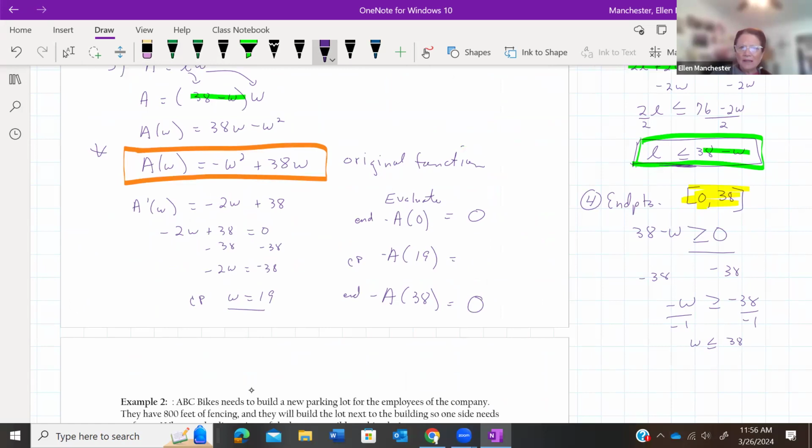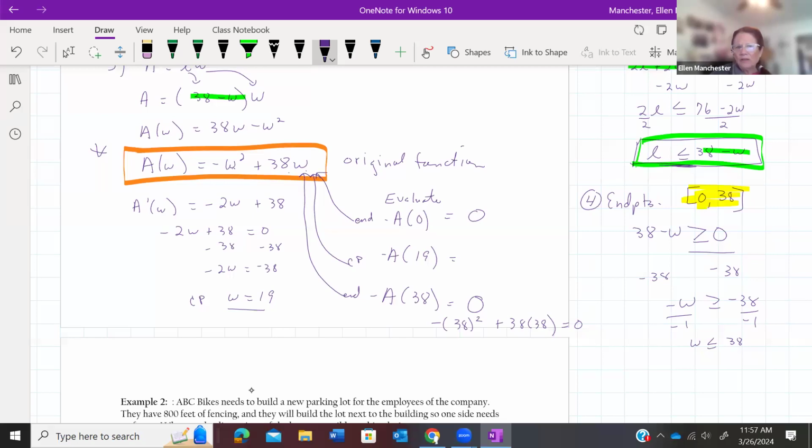So mathematically, if I plug these into the original function, like right here, if I do negative 38 squared plus 38 times 38, I have a negative 38 squared and a positive 38 squared. That gives me 0. If I plug 0 into here, 0 squared is 0 plus 38 times 0, that's also 0. Okay, so you can do this mathematically, but logically it makes sense also.